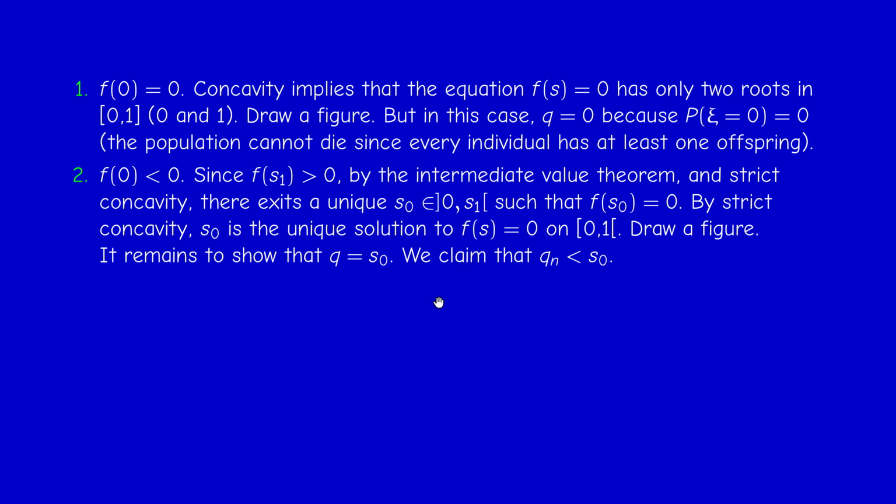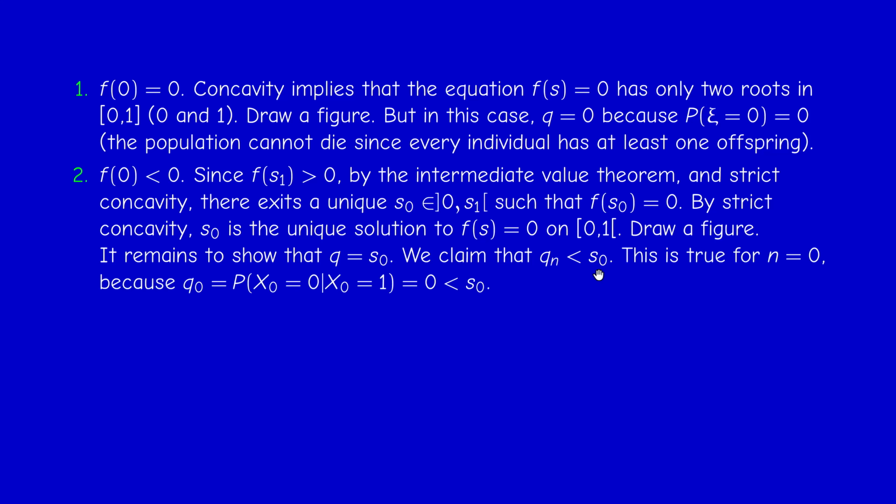Okay, so let us use the sequence that I defined in a remark. So we start with Q0 equals 0, and then we iterate. And we know that Qn converges to the fixed point, right? So I claim first that this sequence that I defined inductively is strictly less than S0. And of course, for n equals 0, it's true because Q0 equals 0, so it's less than S0.